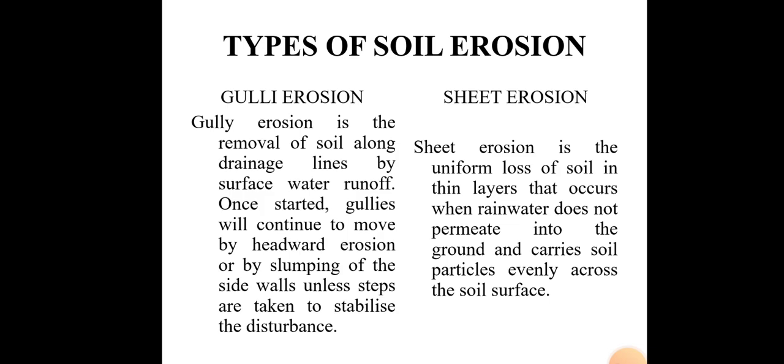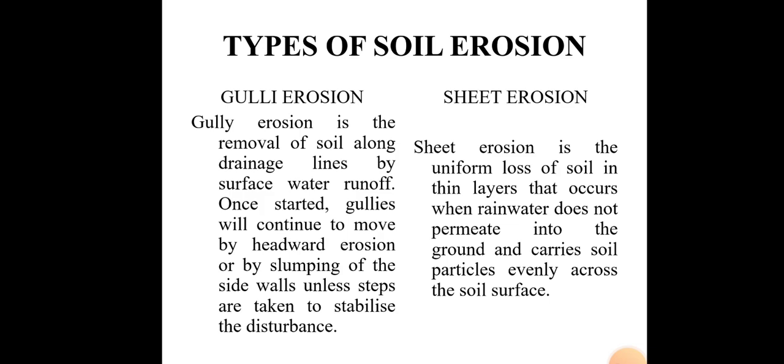Gully erosion is the removal of soil along drainage lines by surface water runoff. Once it starts, the gully will continue to move by headward erosion or by slumping of side walls unless steps are taken to stabilize the disturbance.